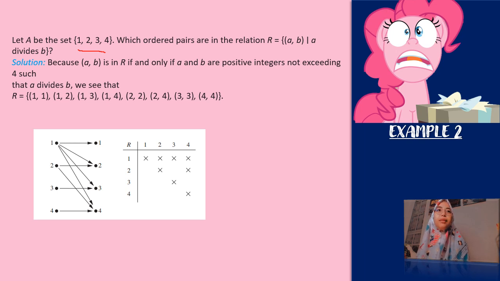So what is the solution? (a, b) is in R if and only if a and b are positive integers not exceeding 4, such that a divides b. After calculating, we can get this Cartesian product. This one is shown graphically, and this one as a table.